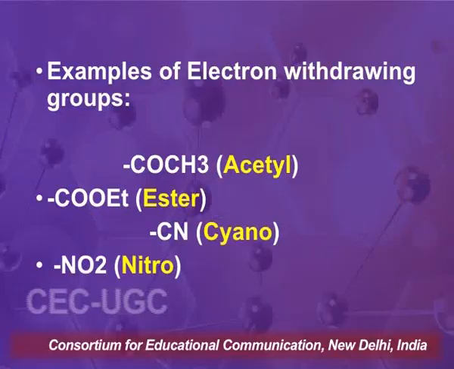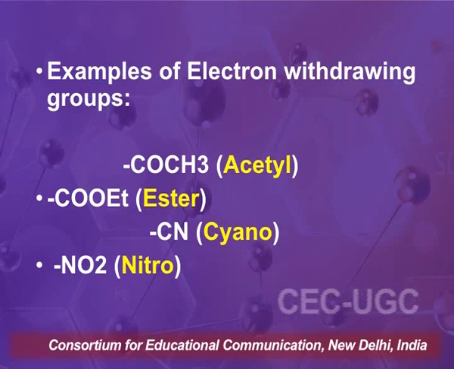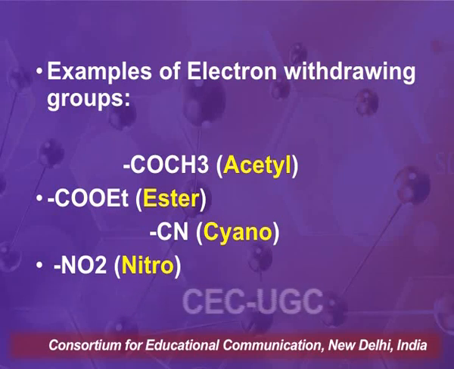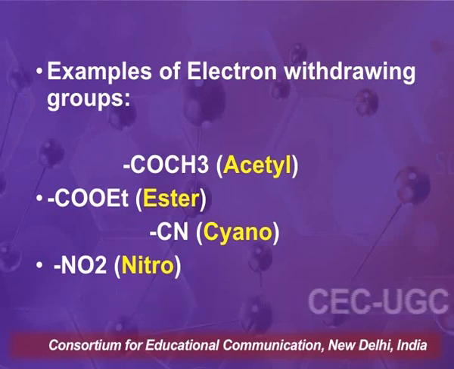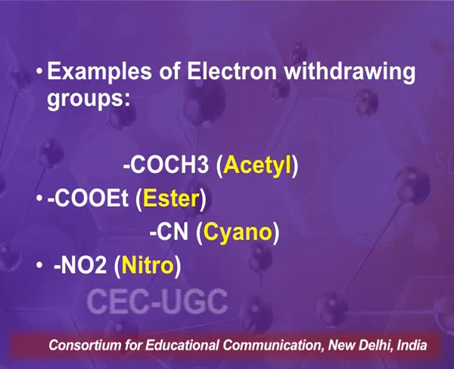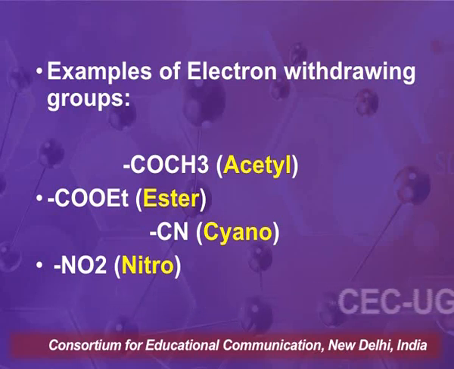So what are the examples of electron withdrawing groups? As we have seen, an acetyl group, an ester group, a cyano group, and a nitro group are electron withdrawing groups. And when these groups sandwich a methylene group, that methylene group becomes reactive in nature, and such compounds are known as reactive methylene compounds.